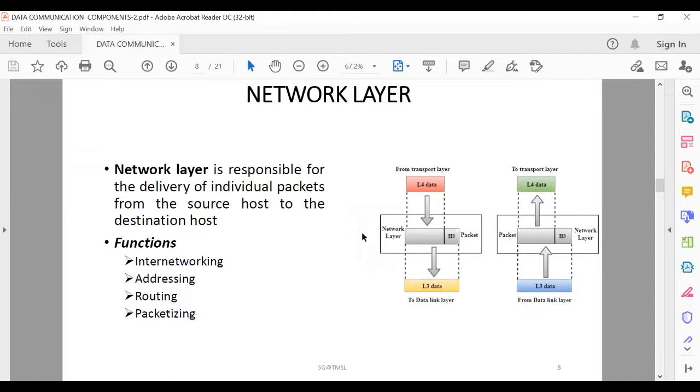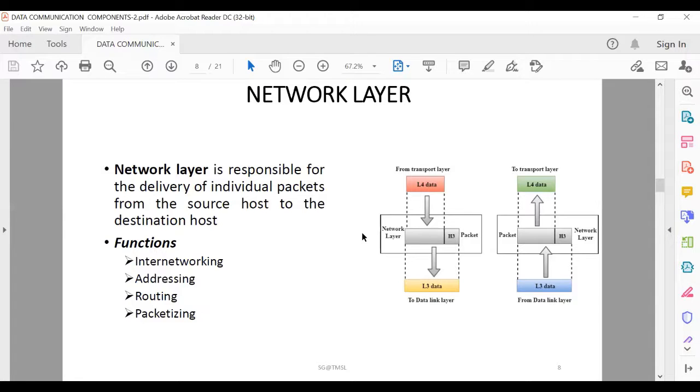Next layer is called the network layer. It is layer 3, which manages device addressing and tracks the location of devices on the network. It also determines the best path to move data from source to destination based on the network conditions, the priority of the service, and some other factors.